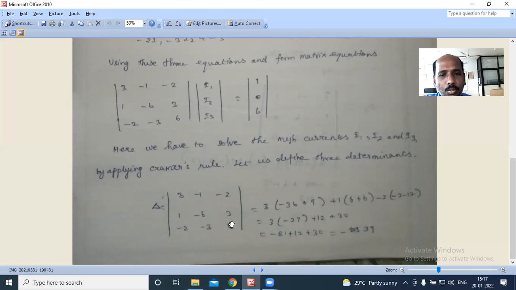Then similarly, minus 2 into this one. Minus 2 into, you cross out this row and this column. We get minus 3 into 1, so minus 3, minus 2 into, what, here we are cancelling the third row and third column. So minus 3 into 1, minus 3, then minus 6 into minus 2, actually plus 12, then you add one minus.